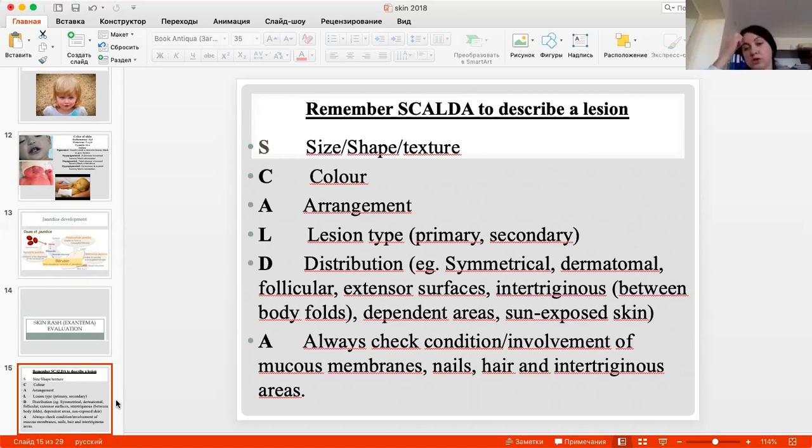Later I'll tell you what a primary or secondary type is. D, distribution, whether it's symmetrical or not, where it is formed.